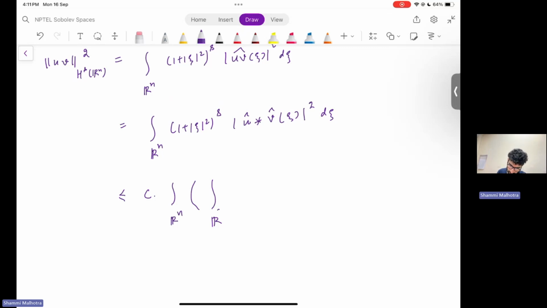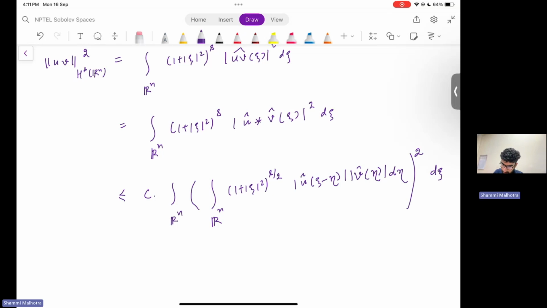We have the integral over Rn of (1 plus mod xi square) to the s by 2, and then mod of u hat at xi minus eta into v hat at eta, d eta, and then the whole square d xi.